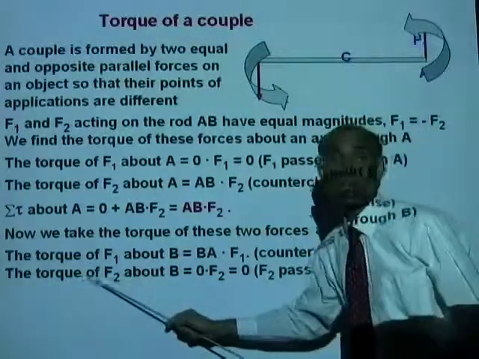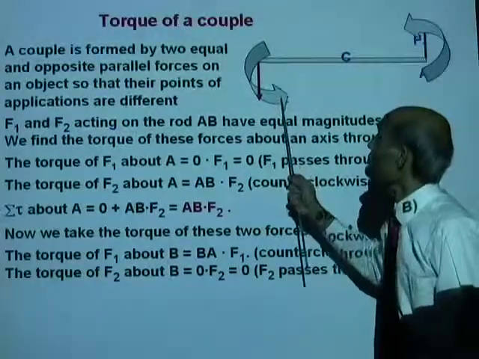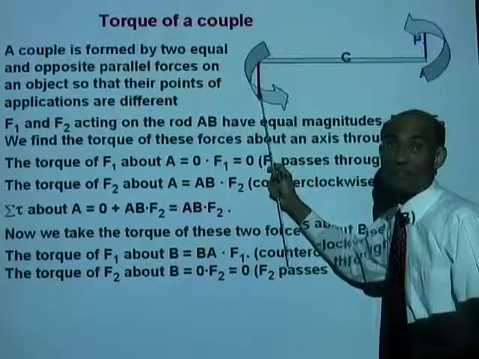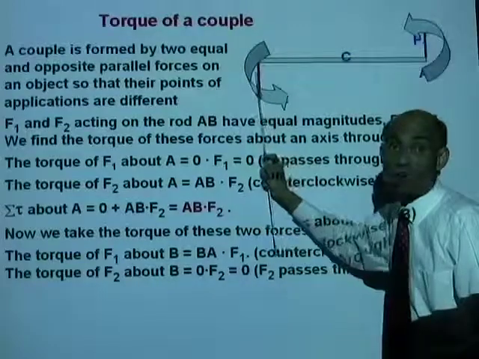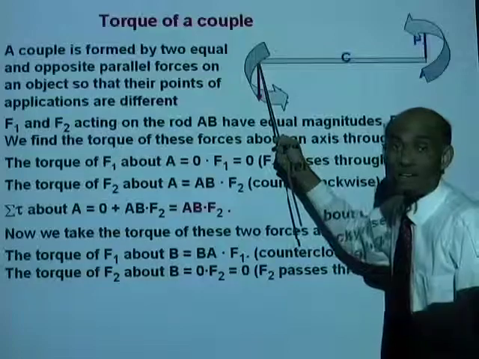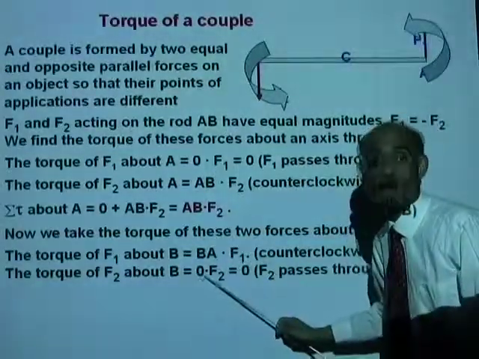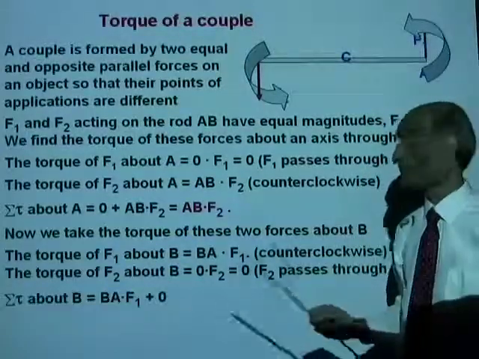How about the torque of F2 about B? This is F2, it got covered by my arrow, and this is the point B. What is the torque of this F2 about that point B? F2 passes through B, therefore the torque arm is 0, and that torque therefore is 0.